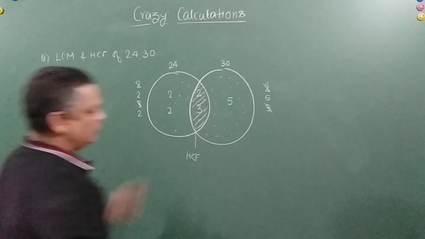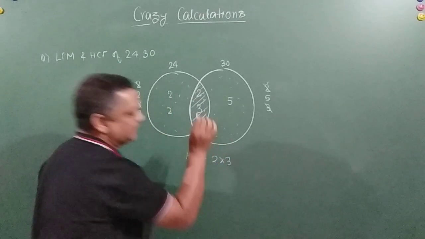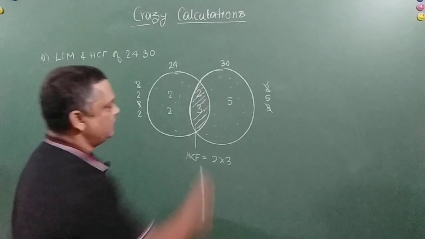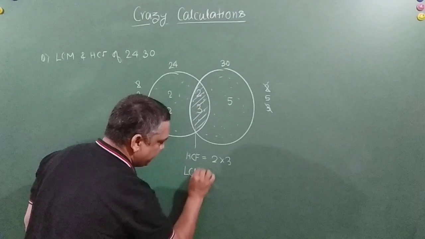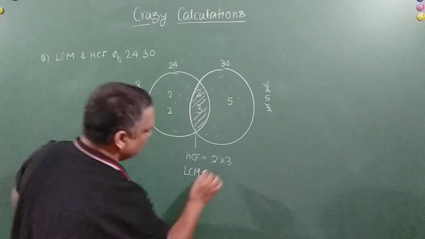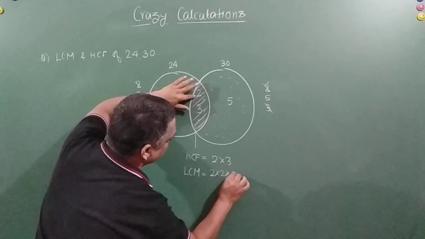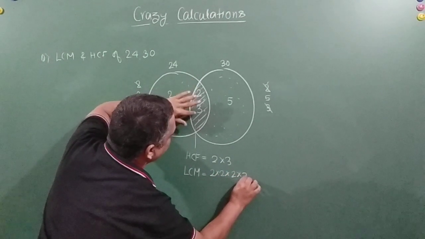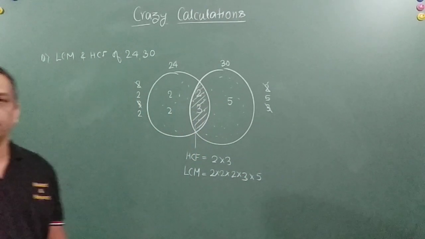So the HCF will be nothing but 2 into 3 in this case. You got my point? This portion is the HCF. And the LCM will be 2 into 2 into 2 into 3 into 5. This is the LCM, right?